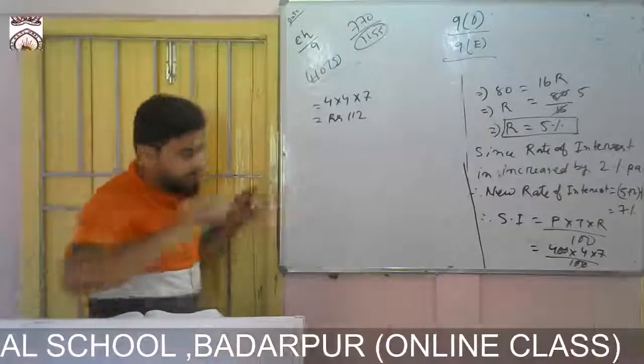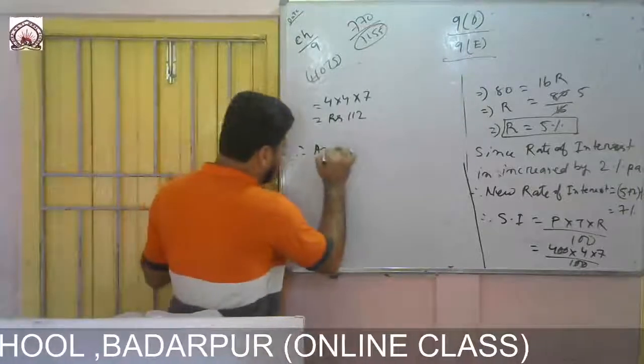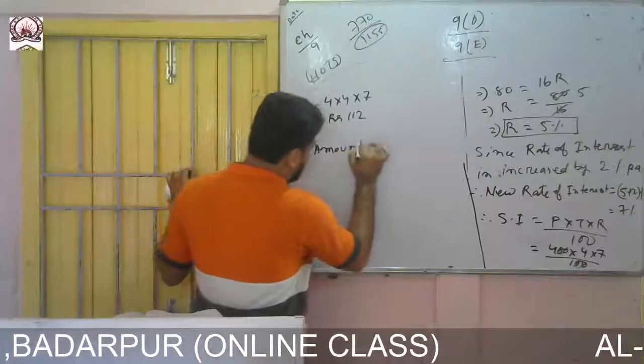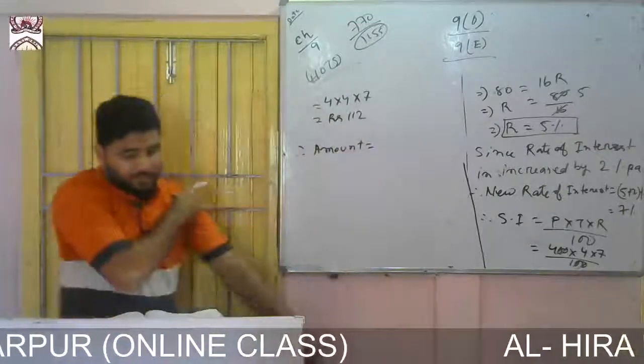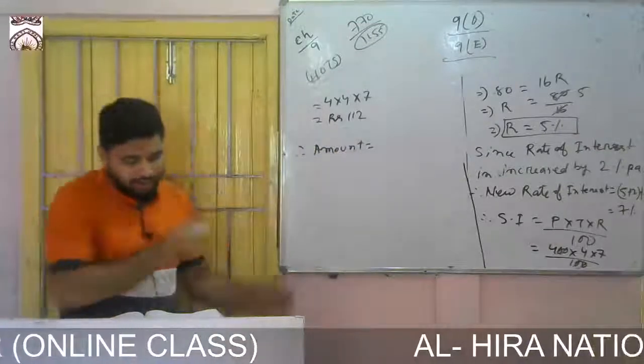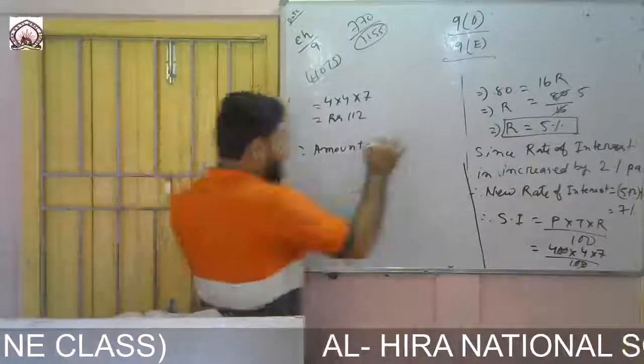Now this is the last line. Therefore you can find the amount. Amount will be P plus SI, as we know earlier.